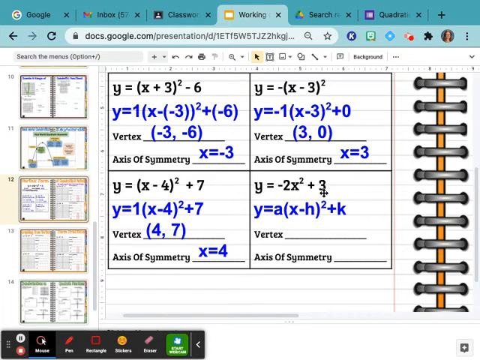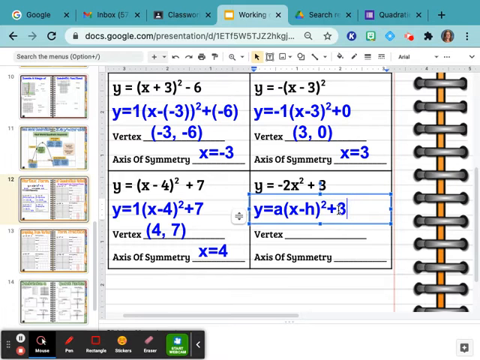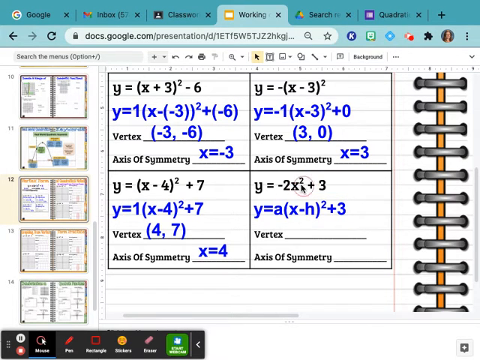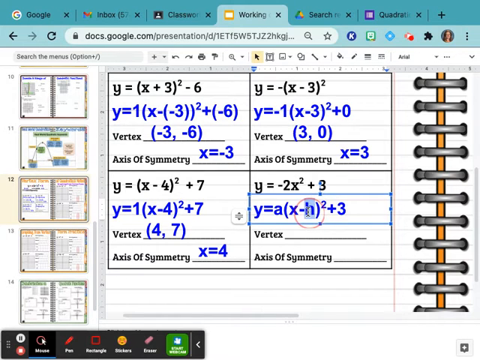All right, this one. So the 3 is just a constant, so we can go ahead and put that here. How could we have x squared and have this x minus h? What do you think h would be? 0. Because that would just come out to x squared. So then what's your a value?